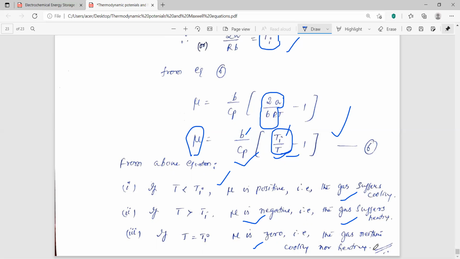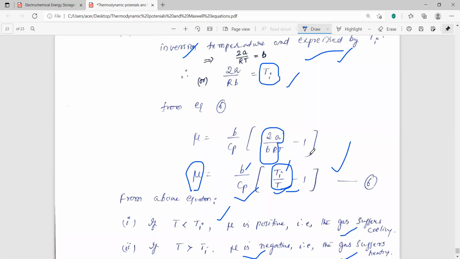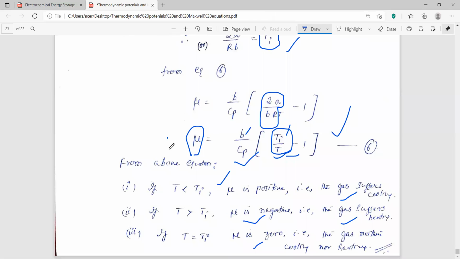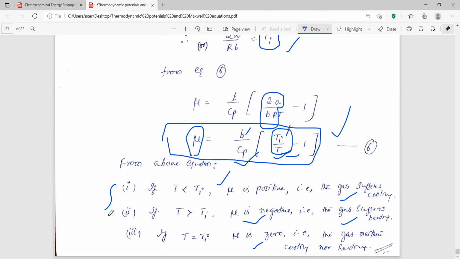So this is how it works if a van der Waals gas passes through the porous plug from the region of high pressure to the region of low pressure. If the Joule-Kelvin effect is applied to a van der Waals gas, this is the equation you get, and these are the situations you can see.